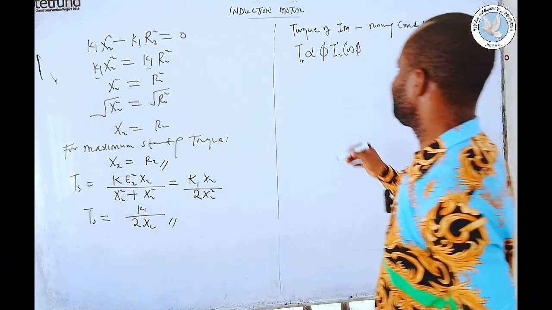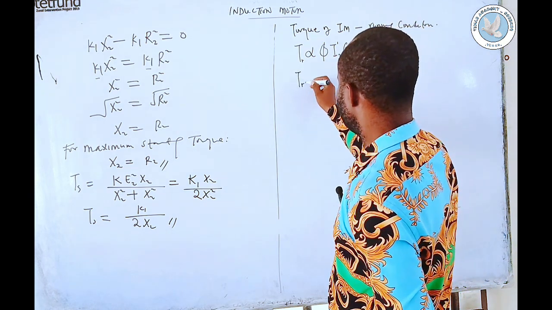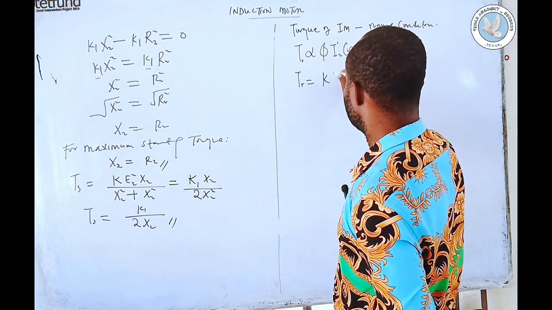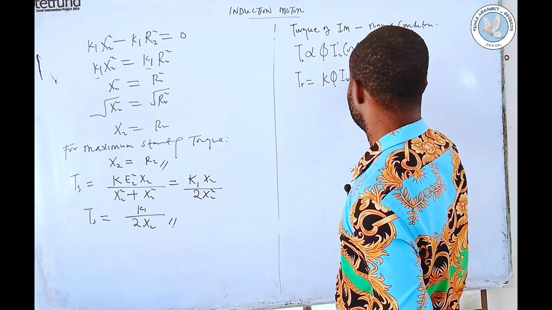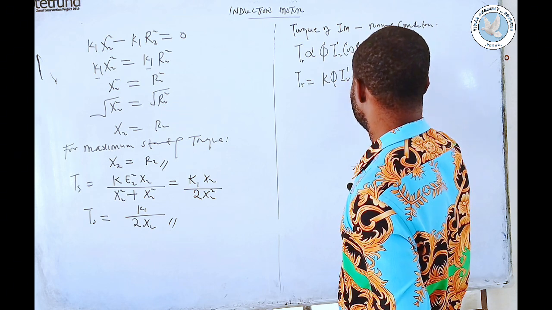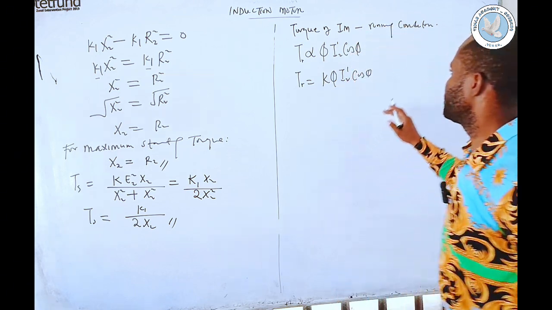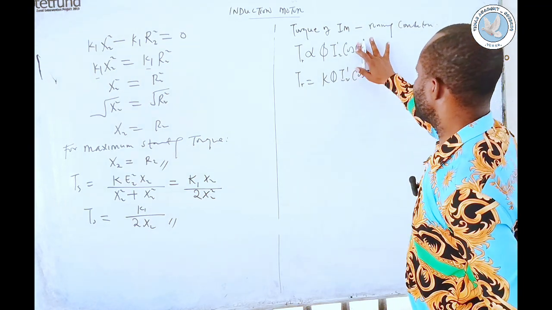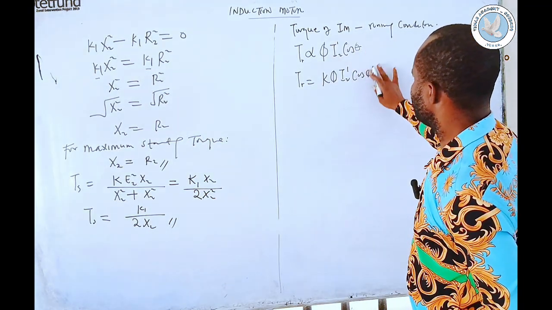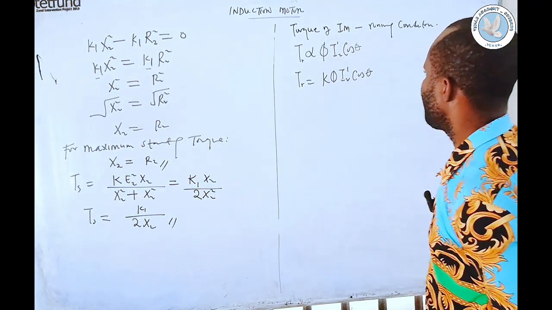So if we remove this, you can have this cross this, this is theta.